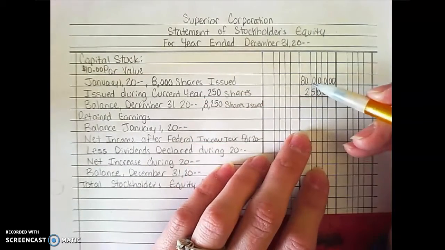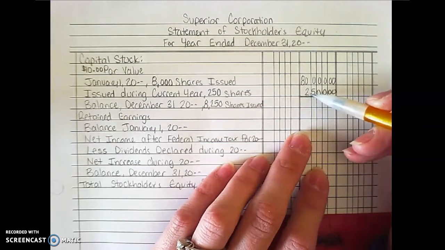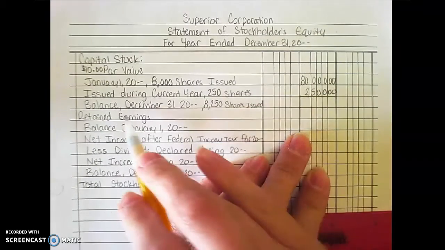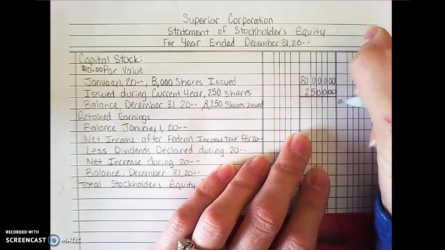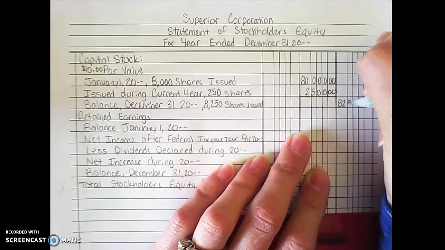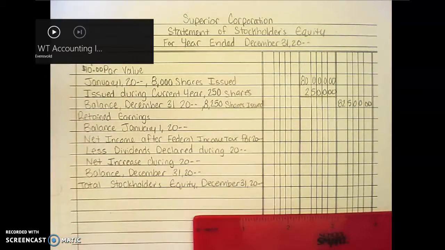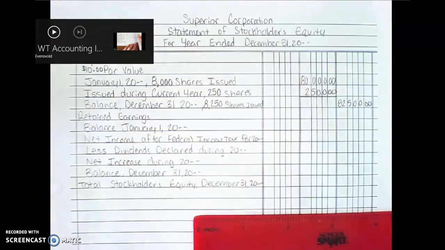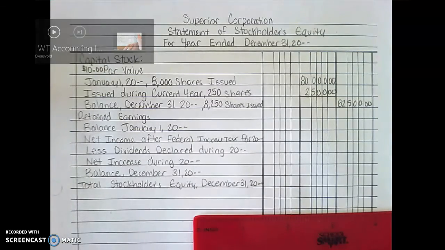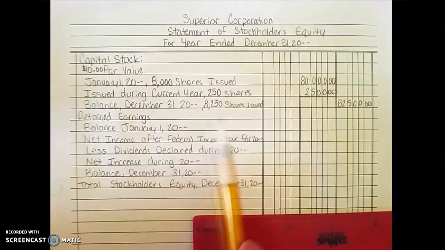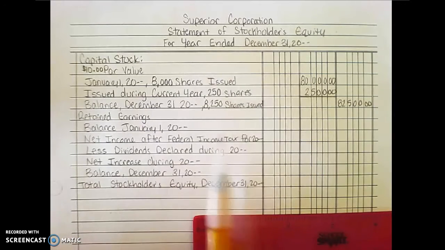And then we will take 80,000 plus 2,500, and that will give us our balance at the end of the year. I'm going to turn off my volume because I believe I had some echo going on there. So that's our balance for capital stock at the end of the year, $82,500.